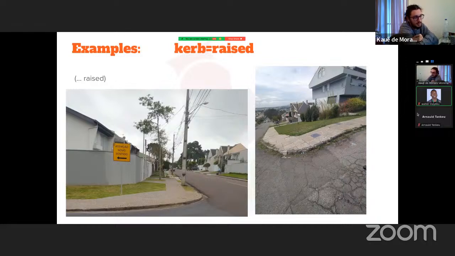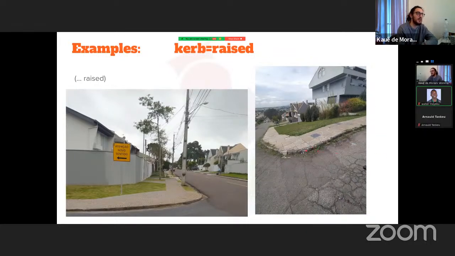So as I told, even though it's terrible for people with a stroller or wheelchair users, for blind people this is an element of security because you have a difference.